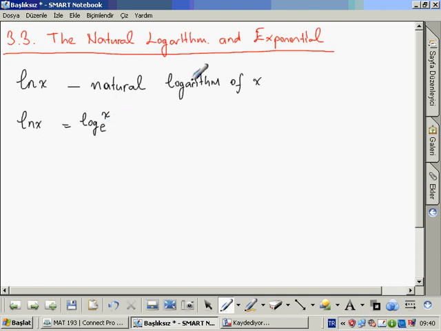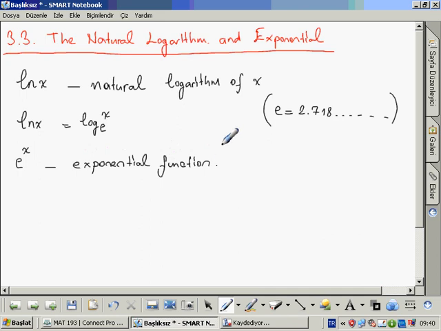We know that e is the Euler number, and e equals 2.718. This is an irrational number, and don't forget it. We know that the inverse of the natural logarithm equals e to the power of x, so it's the exponential function. And the exponential function is a special case of the a to the power of x power function.